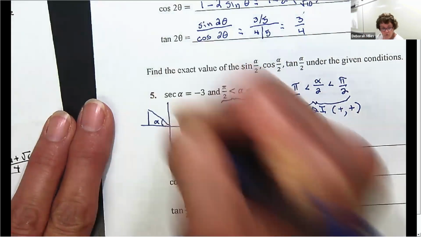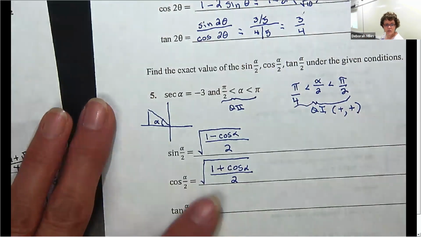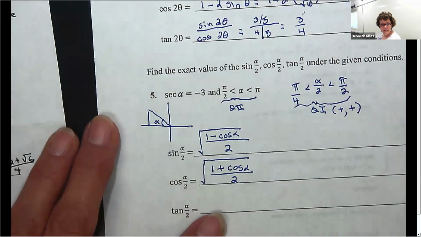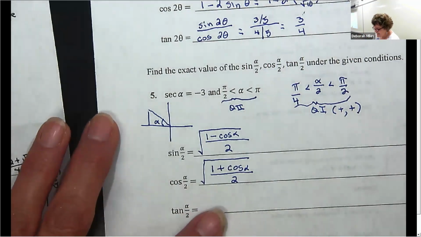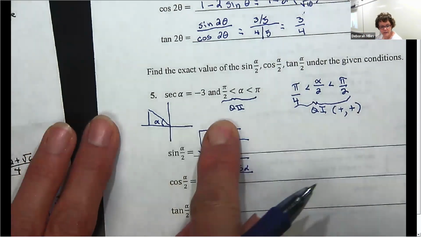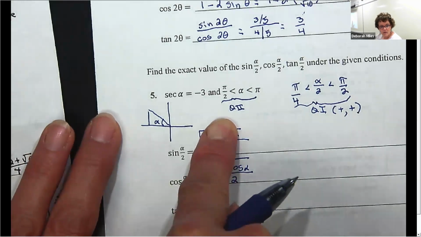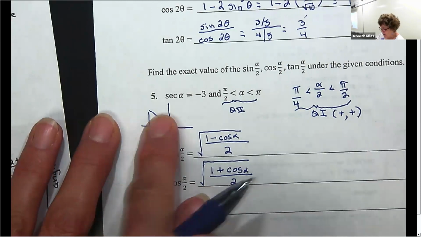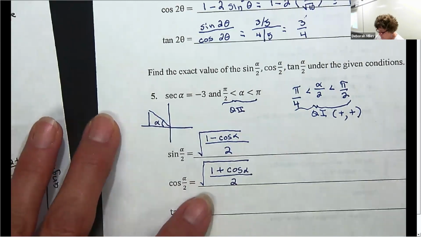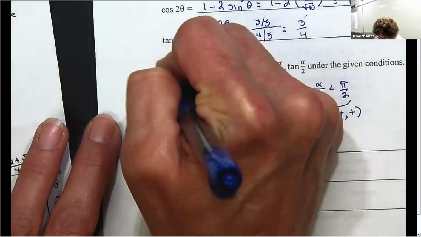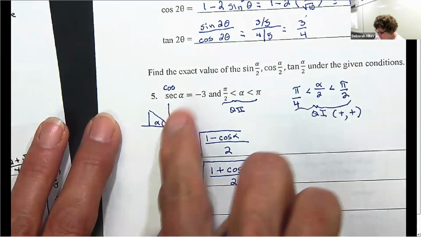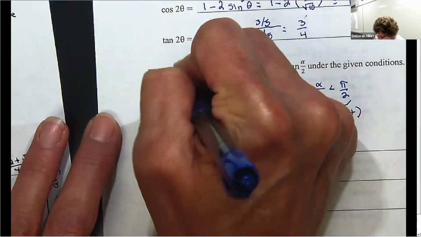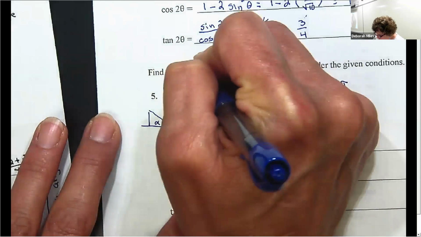Here's my second quadrant alpha. And label it in such a way that its secant is -3. Now, my brain doesn't think secant as well as it thinks cosine. So I just changed that to if secant alpha is -3, then cosine alpha is -1/3.